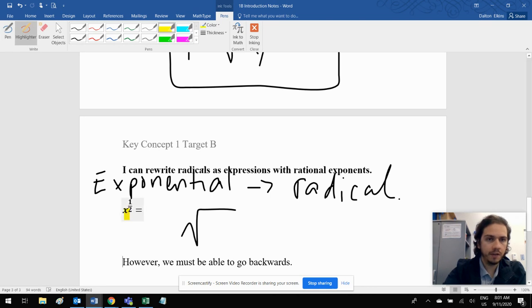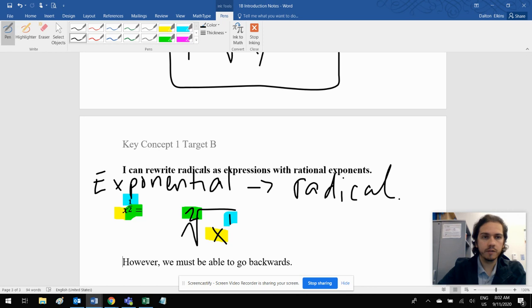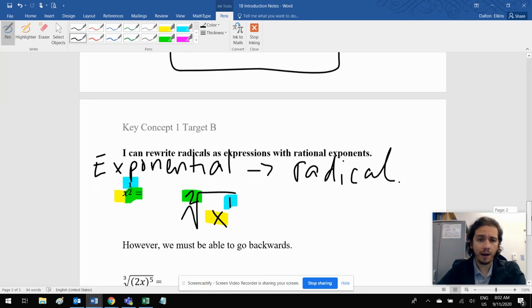We identified the base, which here is x, the power, which is 1, and then the root, which is the 2. So base, power, root. We put it in that form. So our goal here is we want to go backwards now.